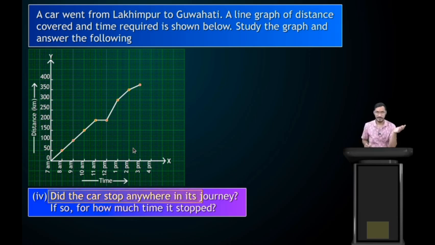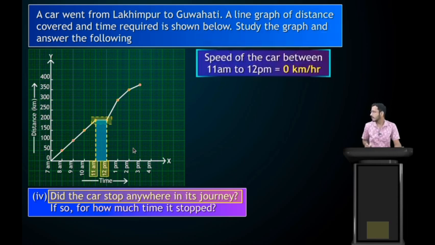Yes, I already see it in the graph. Between 11 a.m. to 12 p.m. you can see the distance is 0. That means the car stopped between 11 a.m. to 12 p.m., and the time is 1 hour here. So the speed of the car between 11 a.m. to 12 p.m. is 0 kilometers per hour.